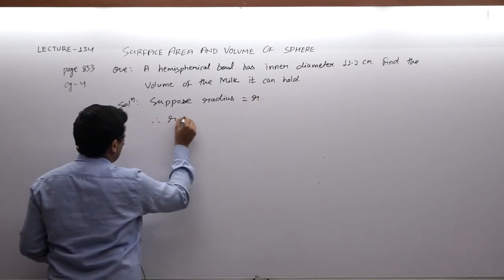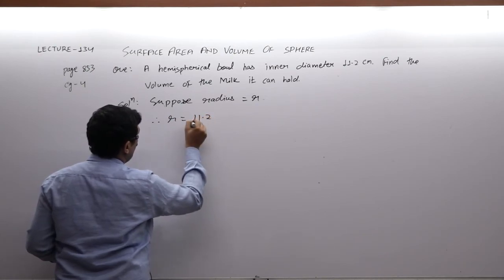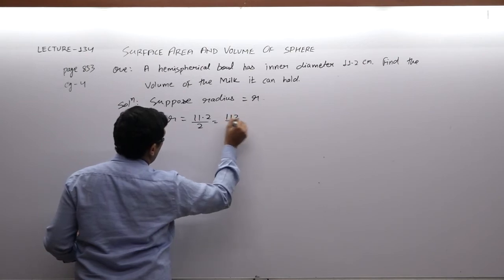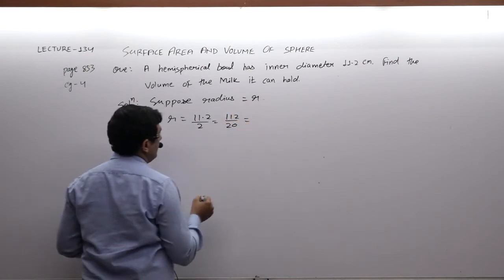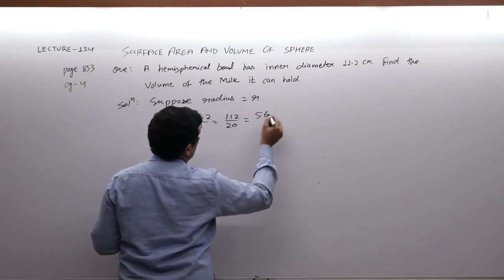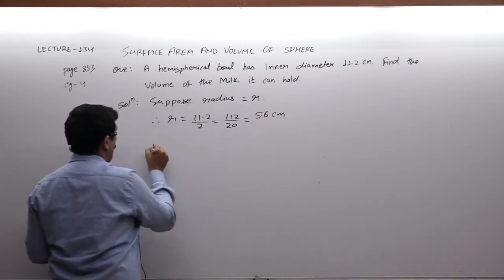Therefore, r is equal to 11.2 upon 2, that is 5.6 centimeter.